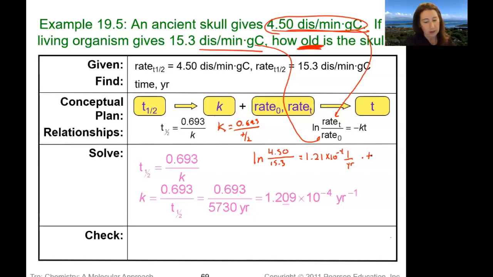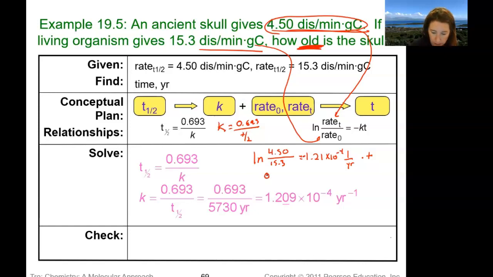However you want to solve this, so 4.5 divided by 15.3, I get natural log of 0.294. Oh, I forgot the negative here.